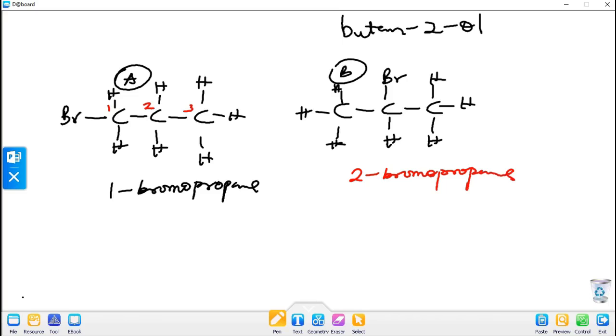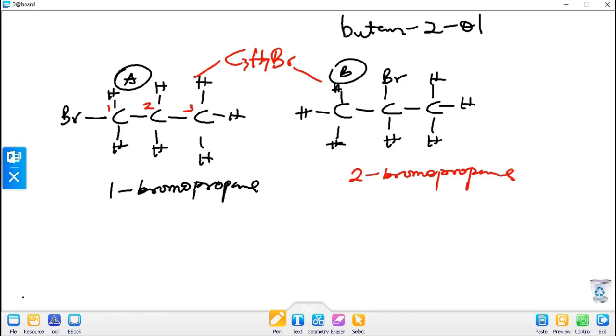They both have 3 carbon atoms, 7 hydrogen atoms, and 1 bromine atom. So, 1 bromopropane and 2 bromopropane have the same molecular formula, but their structural formula is different because of the position of bromine.